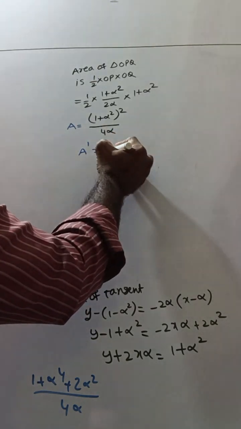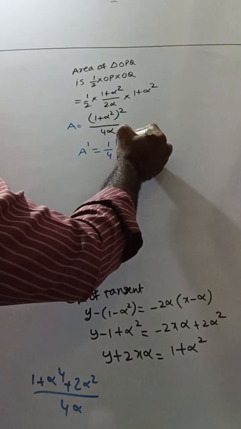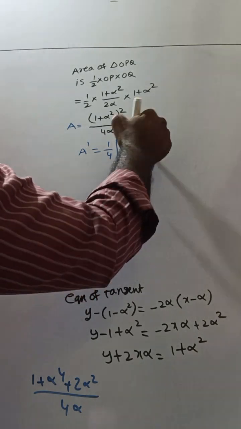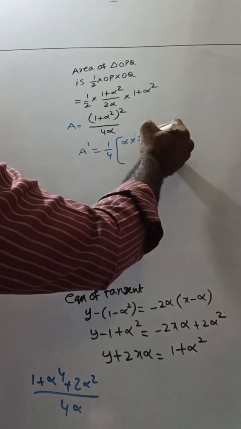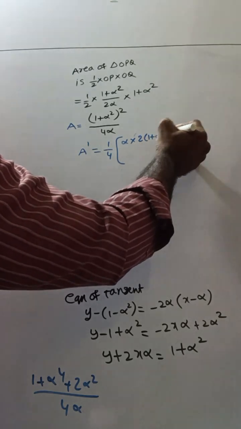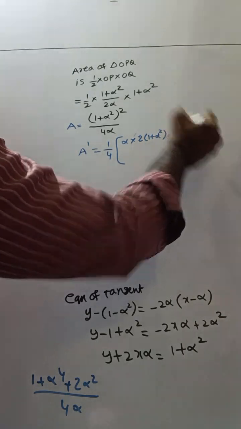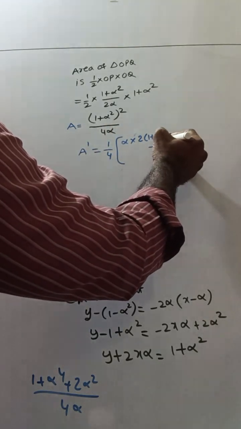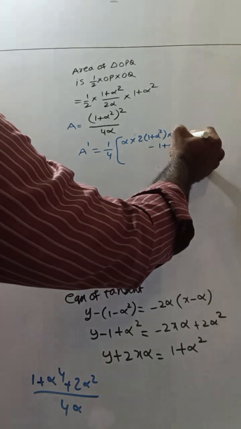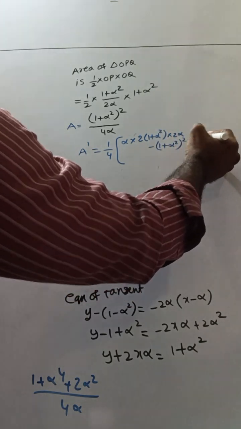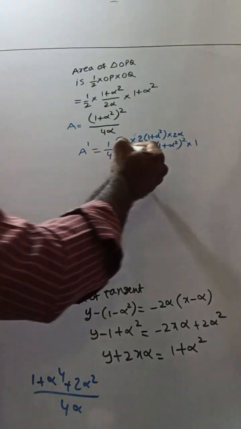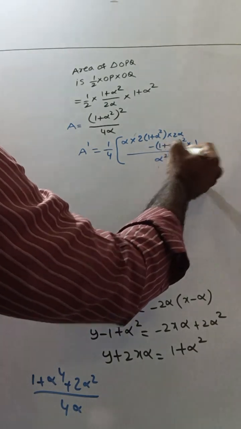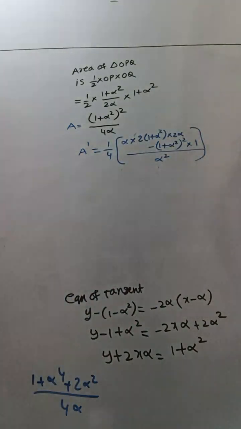So this is 1 by 4 times alpha into, okay, 2 times (1 plus alpha square) into 2 alpha. Clear? And minus (1 plus alpha square) whole square into the derivative of alpha, which is 1, by alpha square is coming. This is the A dash.